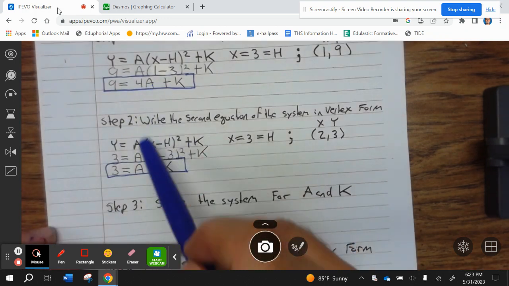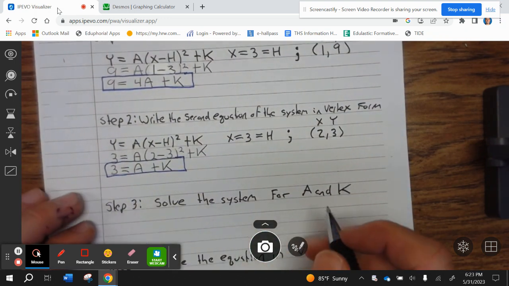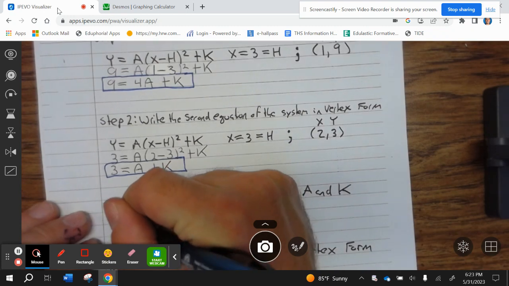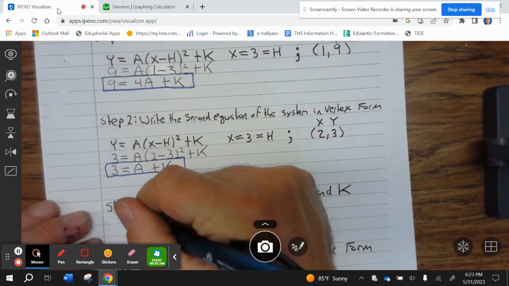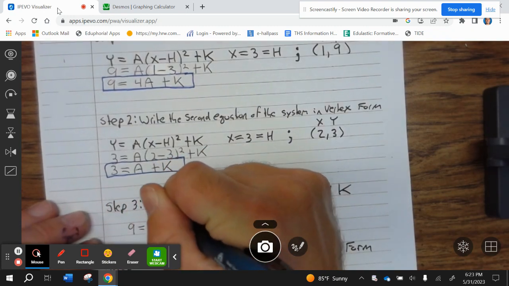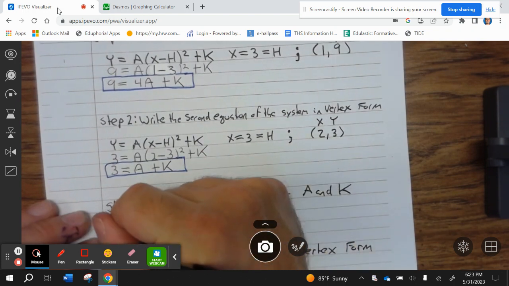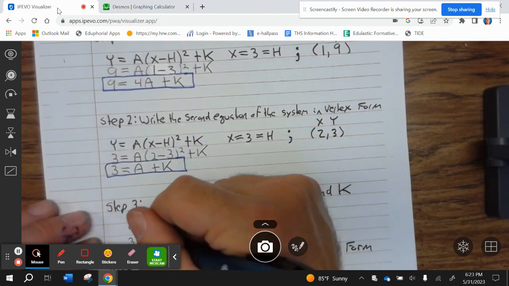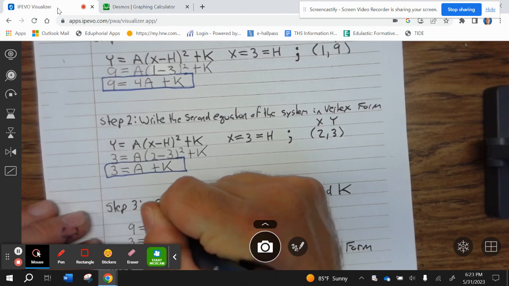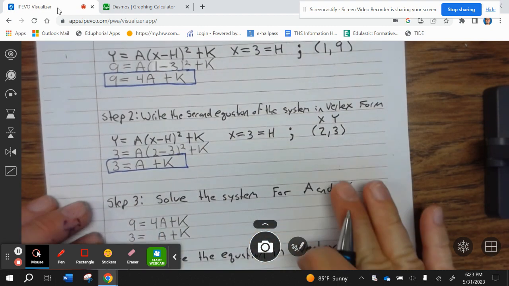Okay, so now let's put the two equations together. So we have 9 equals 4a plus k, and 3 equals a plus k.